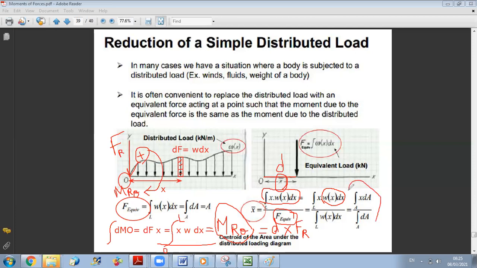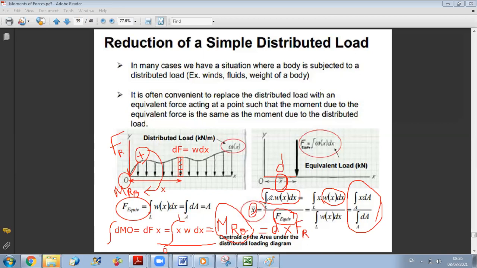Does this formula remind you of something? Integral x dA over integral dA. What does it represent? You remember the formulas for the centroid of an area? How do you calculate the centroid of an area?